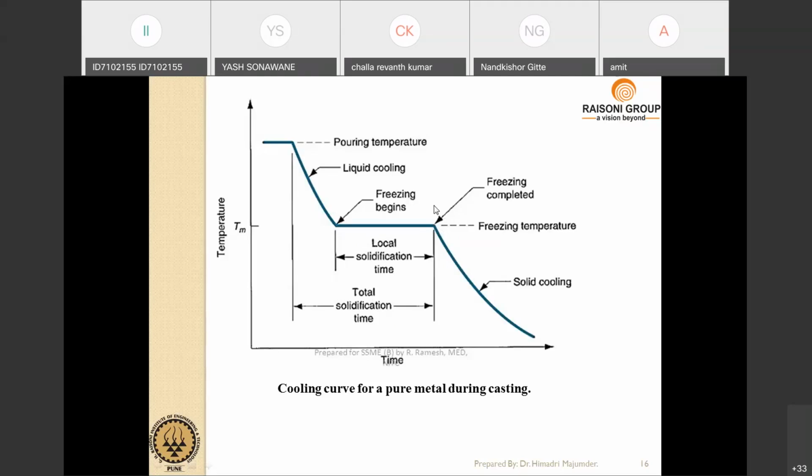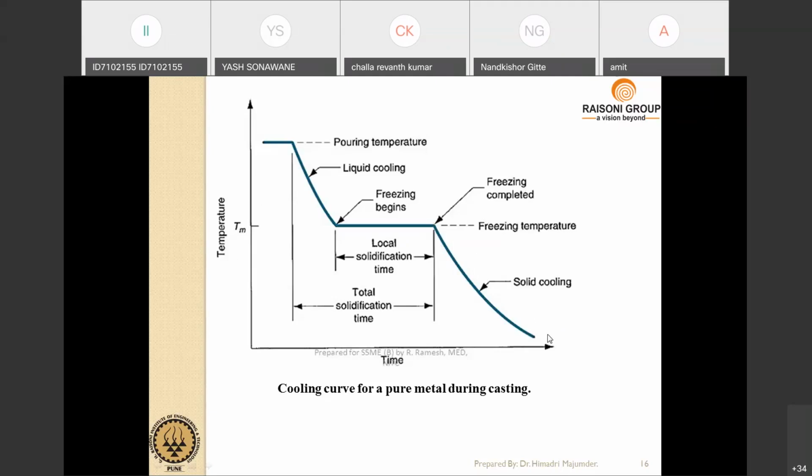Then when freezing is completed and you still reduce the temperature, that is solid cooling, the temperature which is still there in the metal. That temperature will also get reduced, and slowly that metal will come to room temperature.